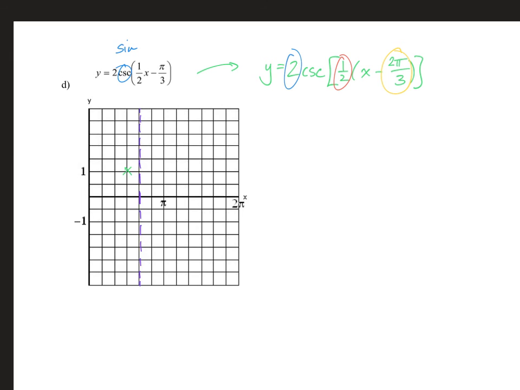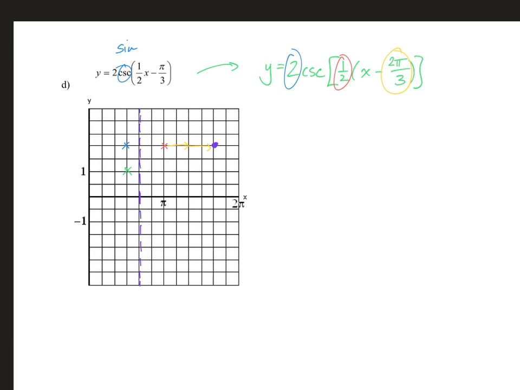Okay, I need to vertically stretch that by a factor of 2, which is going to put that up to that position. I then need to horizontally stretch that by a factor of 2, so that means it's going to double its distance from the y-axis, so out to pi. And then I need to shift it to the right pi by 3, 2 pi by 3. There is my finishing position of that point.